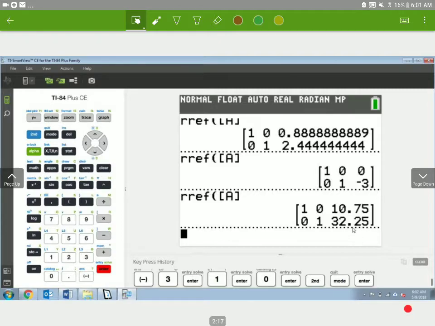And okay, so 10.75 and 32.25. Remember, we put the width plus the length. So I'll write on here, we put width plus length. Therefore, the first one is width, and the second one is length.